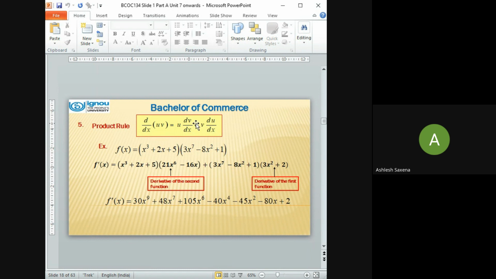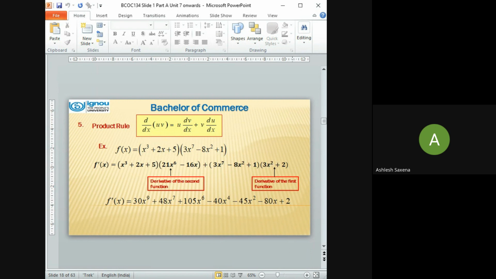Plus this plus sign over here. Keep the second function as it is, and differentiate this one. When I differentiate this, it will become 3x squared plus 2x plus 0. Here it is.